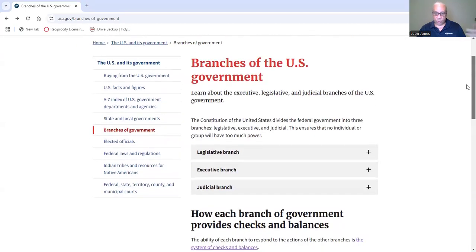Now, let me share my screen and let's get into how each branch works. Again, the Constitution of the United States divides the federal government into three branches: the legislative, executive, and judicial branch. This ensures that no individual or group will have too much power. In other words, the founding fathers discovered that we don't need a monarchy like England, in other words, a king.